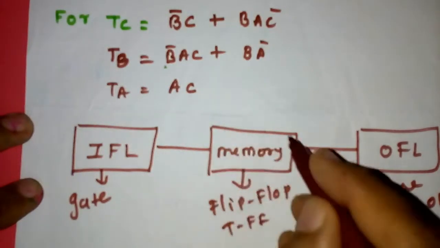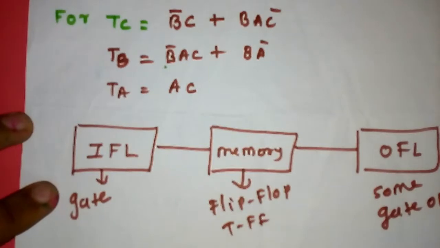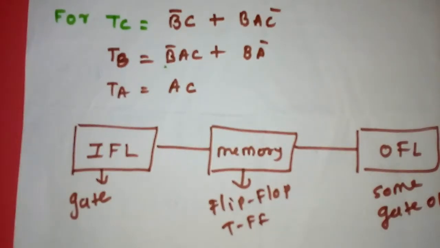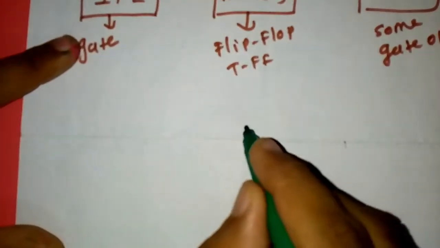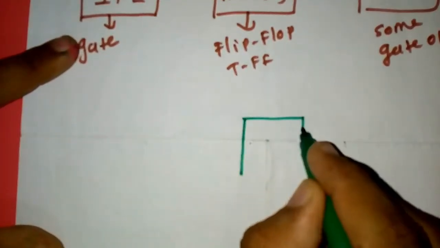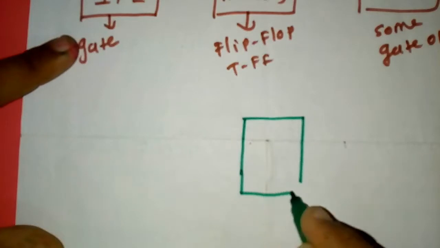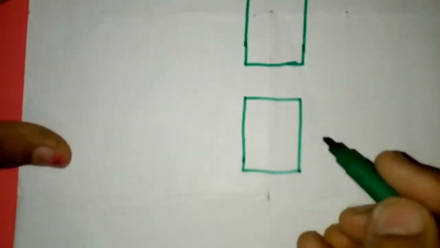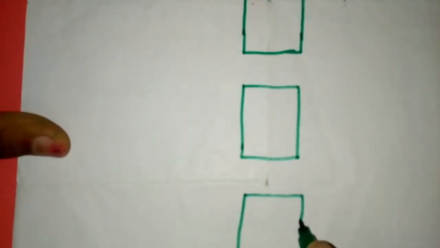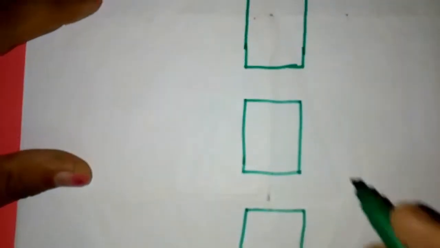First of all we define the memory. Here we require three T flip-flops. We define the clock.